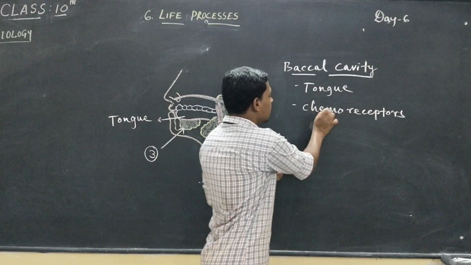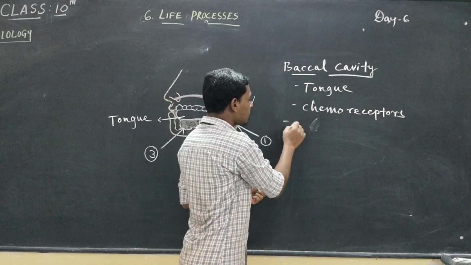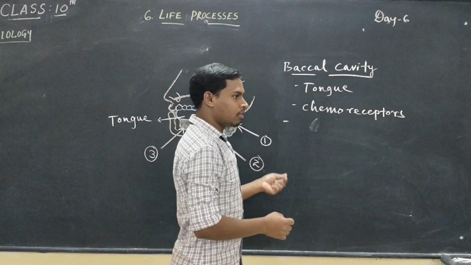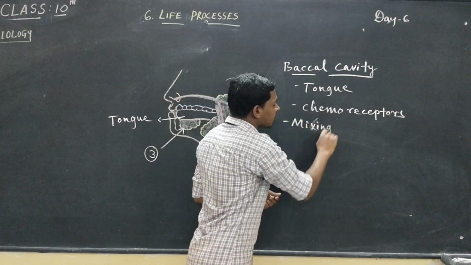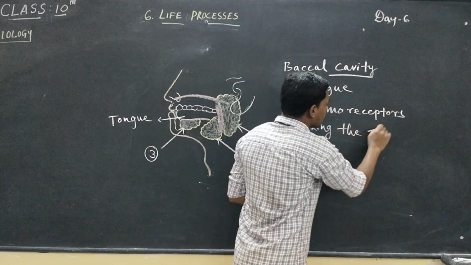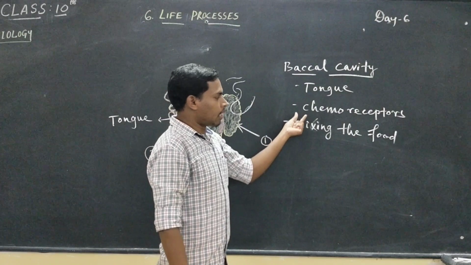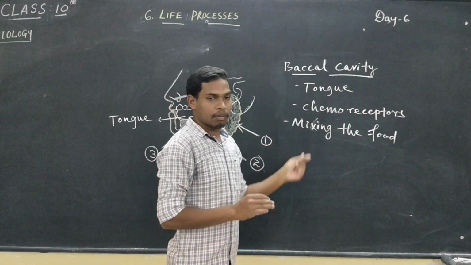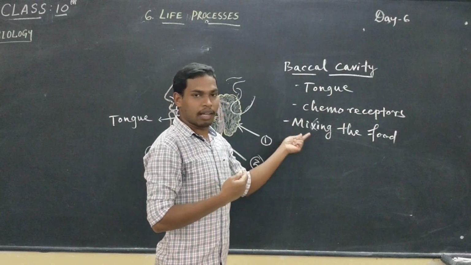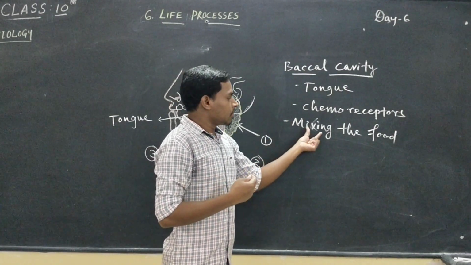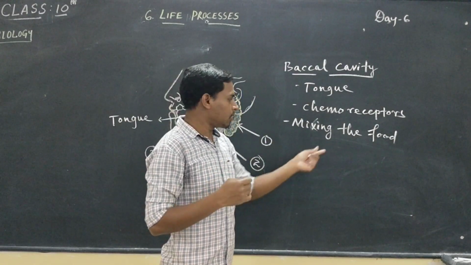Okay. So a function of our tongue is mixing the food with the help of saliva. The tongue rolls the food throughout our buccal cavity, and finally that food substance will mix with the saliva and form what?